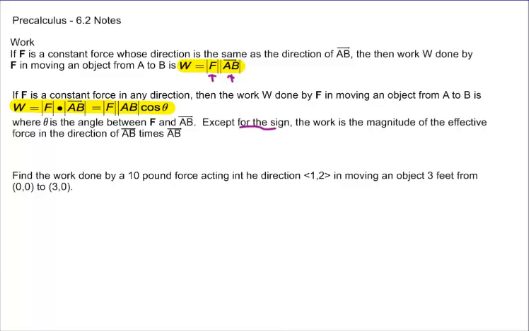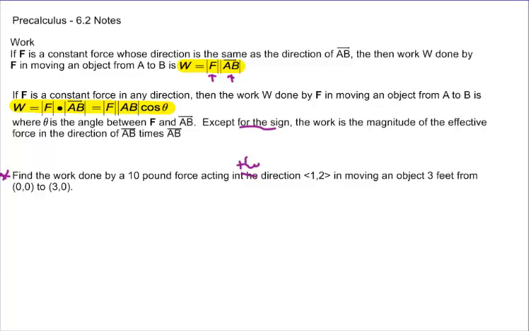So let's just look at an example. Find the work done by a 10-pound force acting in the direction of 1, 2 and moving an object 3 feet from 0, 0 to 3, 0.